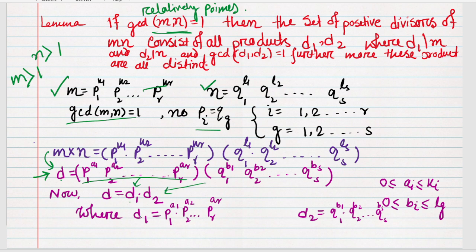So d1 equals p1^a1 p2^a2 up to pr^ar, which divides m, and d2 divides n. So here is our proof, which says that there exist d1 and d2 where d1 divides m and d2 divides n, and GCD of d1 and d2 is 1, because this happens.